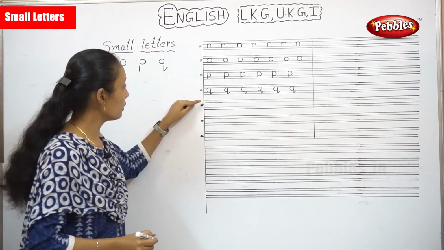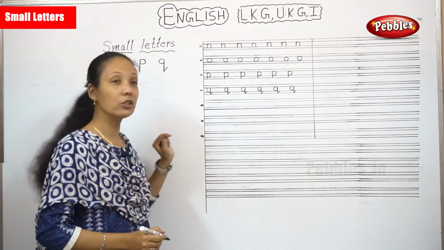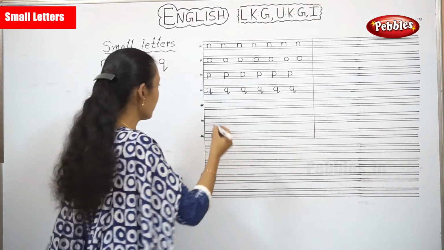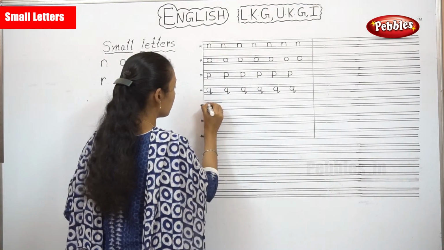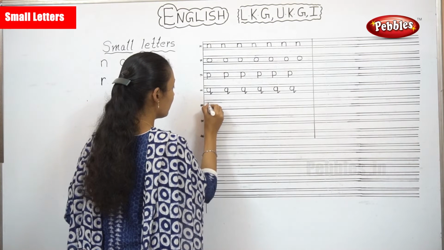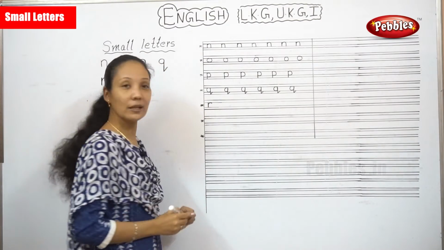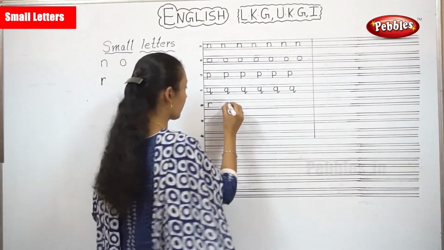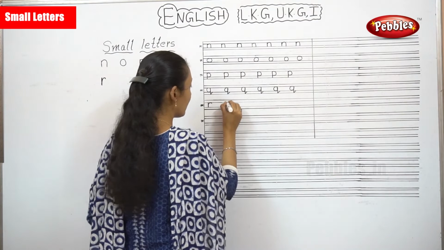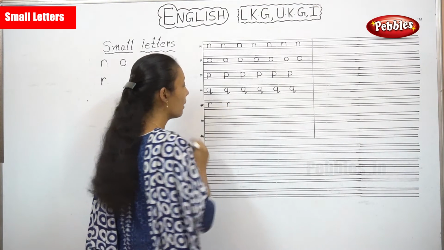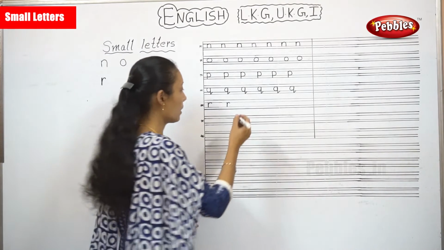Now, you need to use only your second and your third line to write your small letter R. Alright? So, your standing line or your straight line, whatever it is, and your small curve. It is small R. Standing line, you come up a small curve, R, small r.